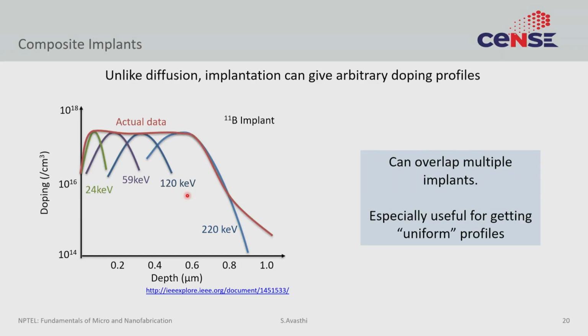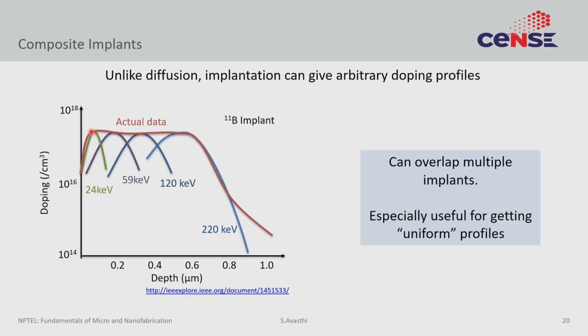Fundamentally, implantation is done at room temperature. The wafer has not been heated yet, so the dopant ions cannot diffuse much; they are frozen in time. So, you can create an arbitrary profile by just doing successive implantations. If you look at an example on slide 20, suppose you first do a dopant ion implantation at a low energy, say 24 kilo electron volt.